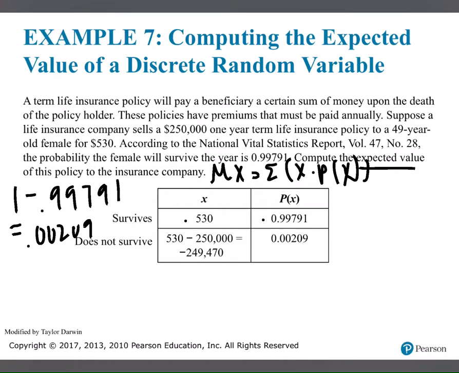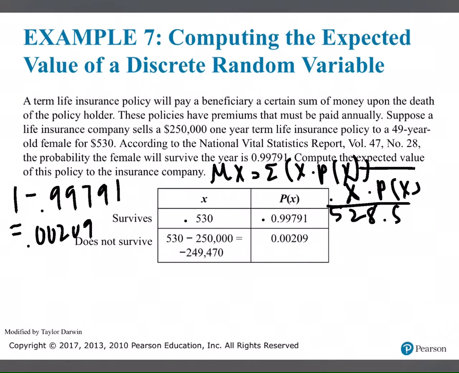So to find the expected value, once you've created this table, I need to, sorry, that's my dog. I need to create another table. So I'm going to do 530 times 0.99791, and I get 528.